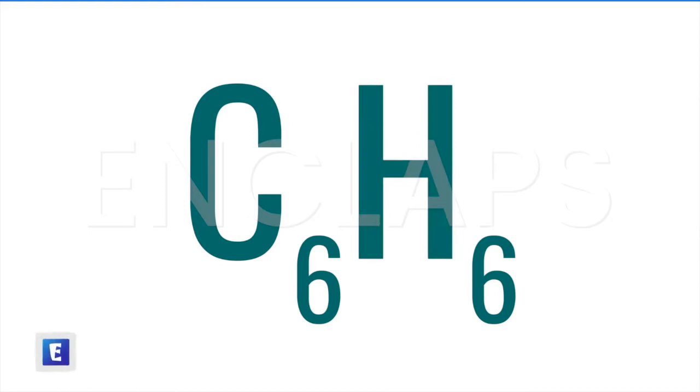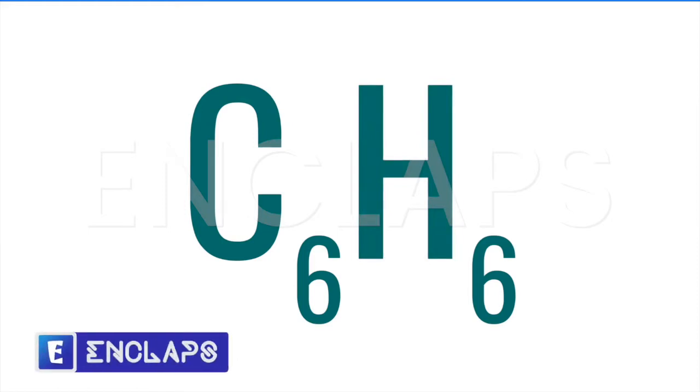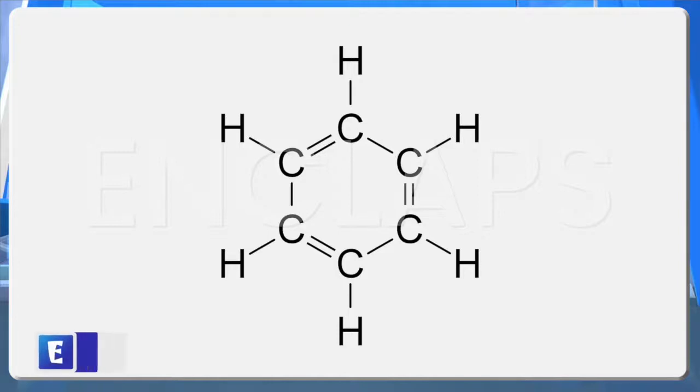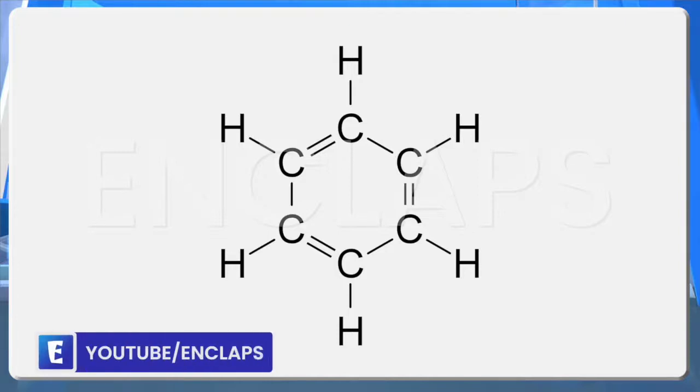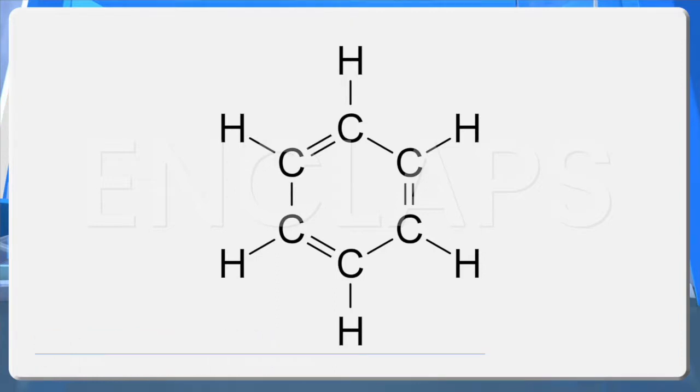Benzene is the simplest aromatic compound. Clear? The molecular formula of benzene is C6H6. This is the structure. Alternate single and double bonds are present in benzene. And each carbon atom contains a hydrogen atom. So this is benzene.